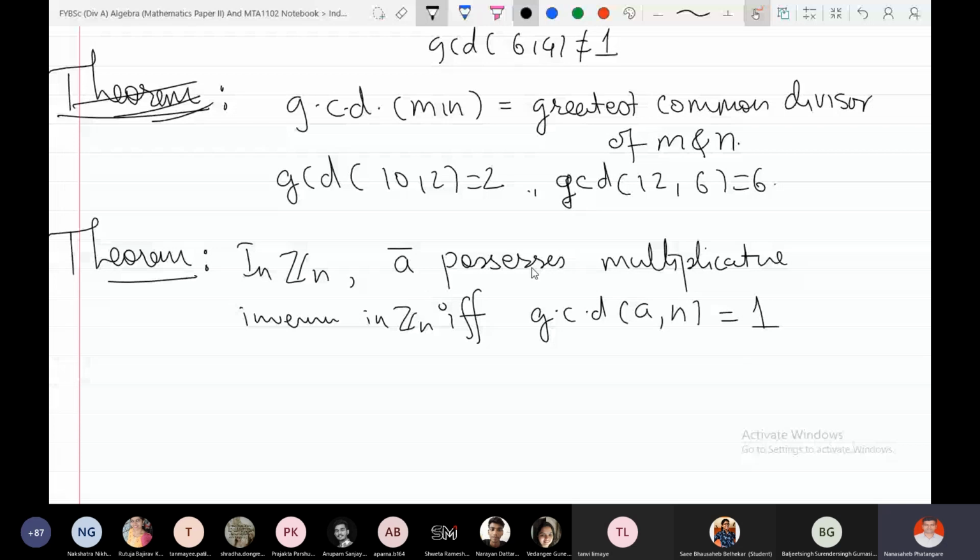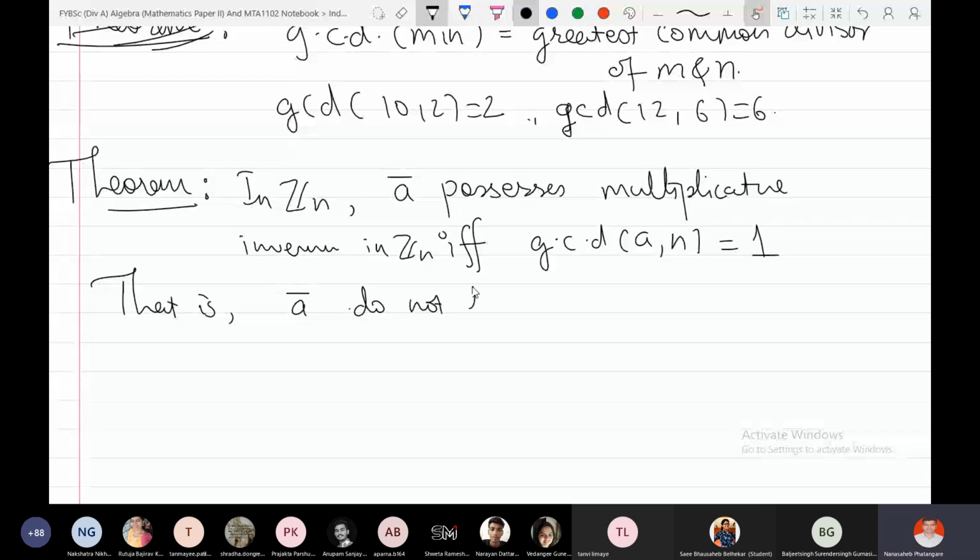If and only if. If and only if means what? As we discussed before, when we say if and only if, then the negation means the element does not have a multiplicative inverse. That means GCD is not 1, right? That is, this statement is equivalent to A bar does not have a multiplicative inverse if and only if GCD of A with n is greater than 1, right?